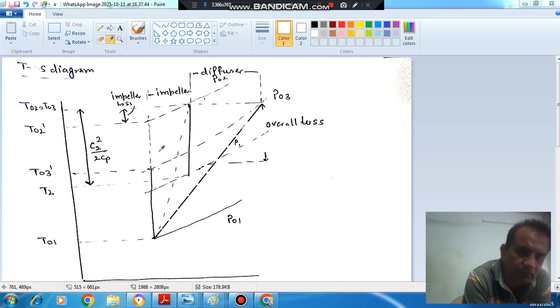These are the losses in the impeller, because corresponding to this point the pressure would have been somewhat different, corresponding to this point the pressure is somewhat less, and corresponding to this point the pressure is further less. So this represents the overall loss, this represents the impeller loss, and this represents your diffuser loss.